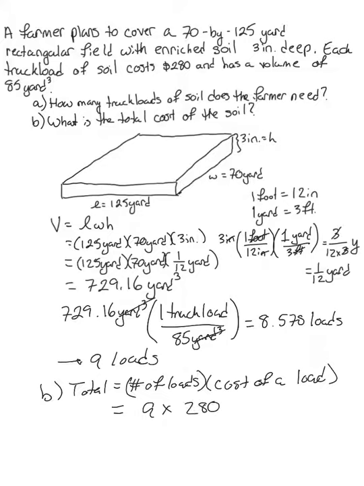Well, if we want to be accurate, because why not, it'll be 9 loads times $280 per load. So the load units will cancel, and we'll be left with 9 times 280, which is equal to $2,520.